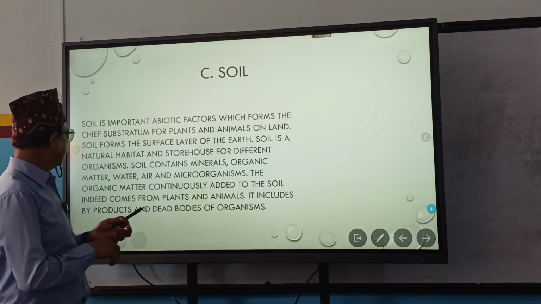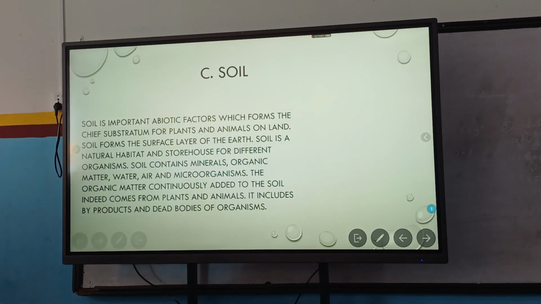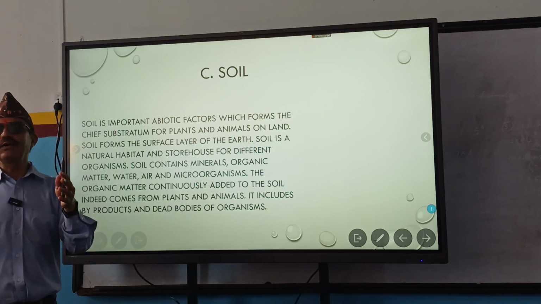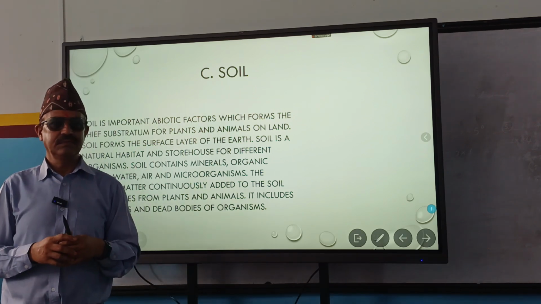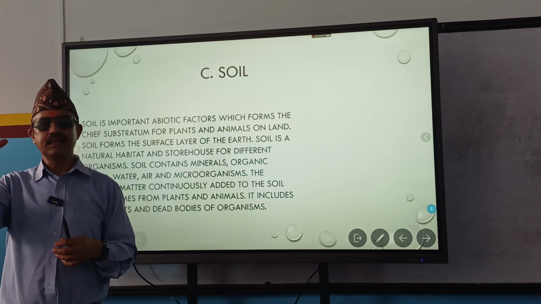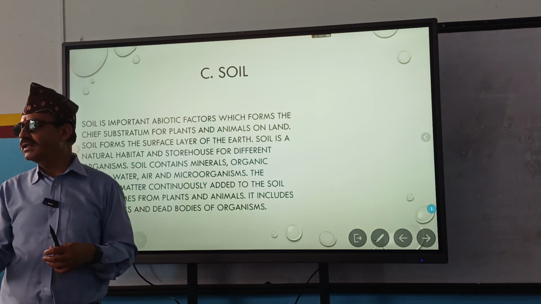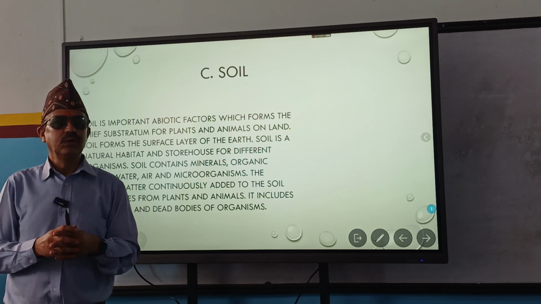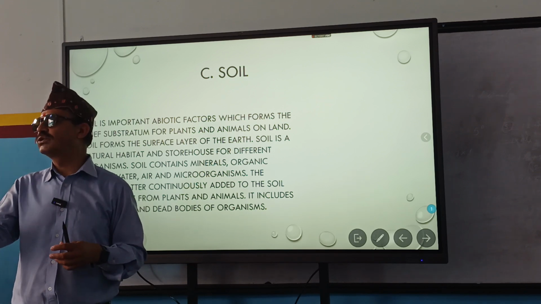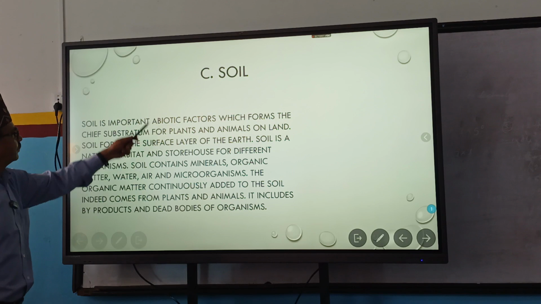And next one, soil is the place where dead organisms are decayed. When anything dies, it is buried inside the ground, it is attacked by bacteria and changes into humus, and that humus is used by plants for making food.